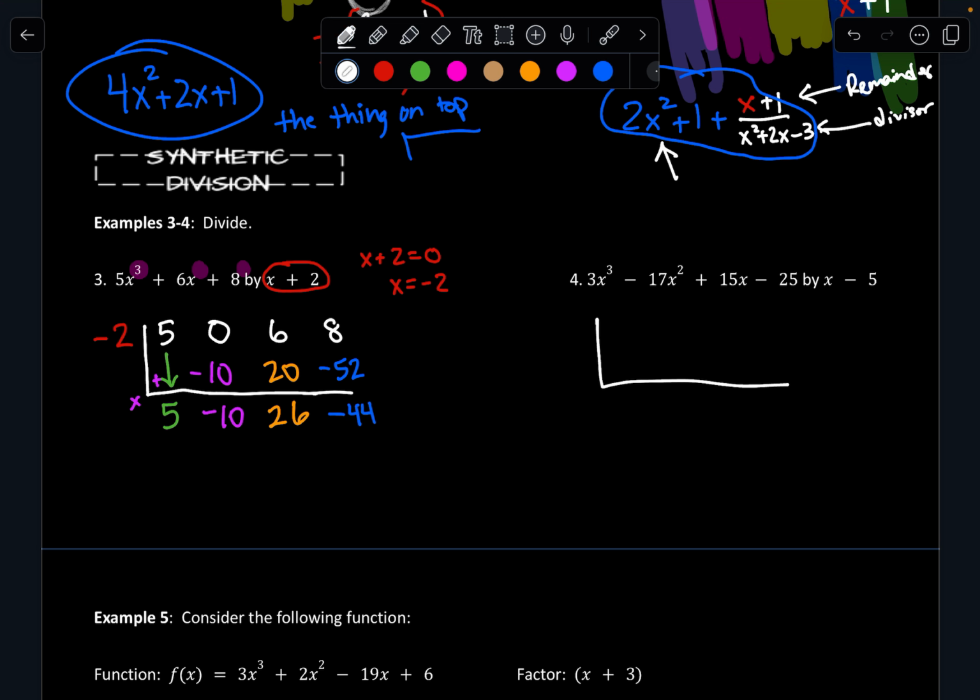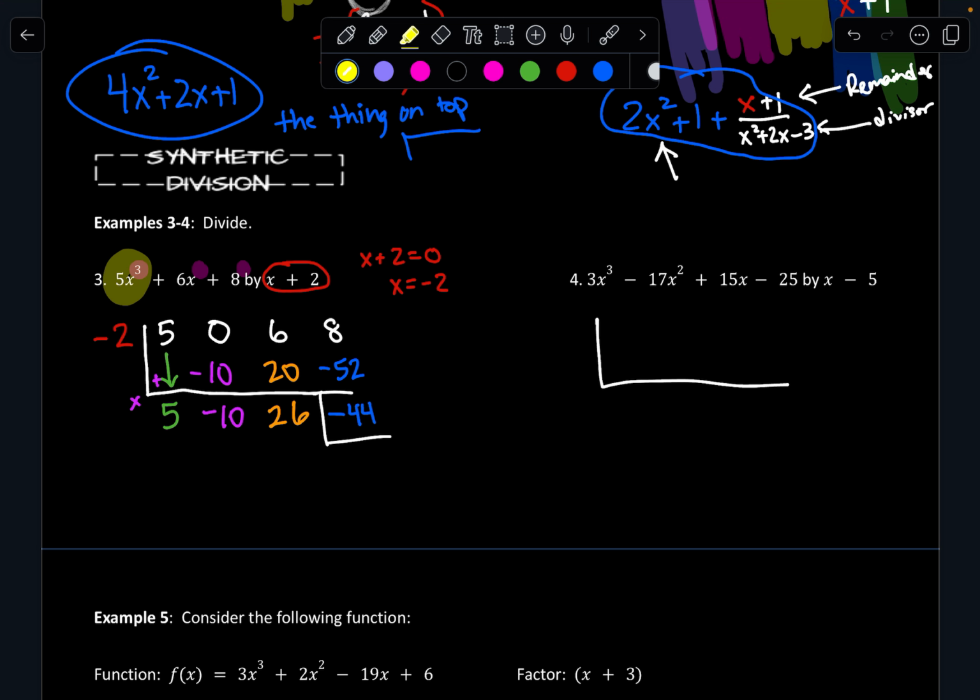So a lot of times, people will do a little box at the end, because the last number you get is your remainder. And if it's 0, it means there's no remainder. This is the one part where students get confused, it's right here. In the very beginning, we started with the highest power being 3.